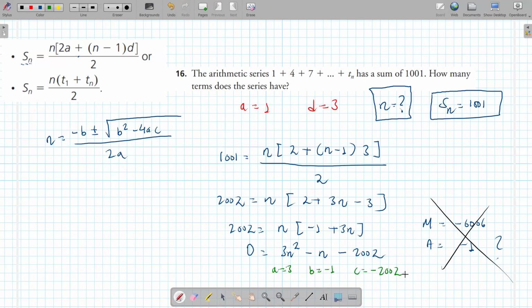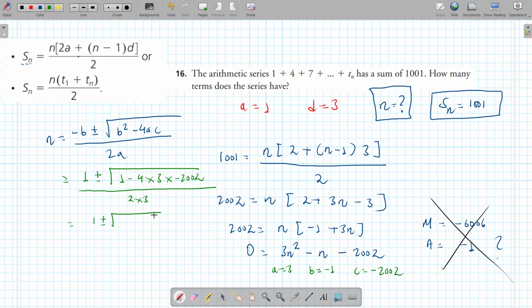We're going to plug all 3 of those variables into the quadratic equation. So negative b becomes -1, becomes a +1, plus minus the square root of b squared, which becomes 1, -1 squared is 1, minus 4 times 3 times negative 2002, all over 2 times 3, like that.